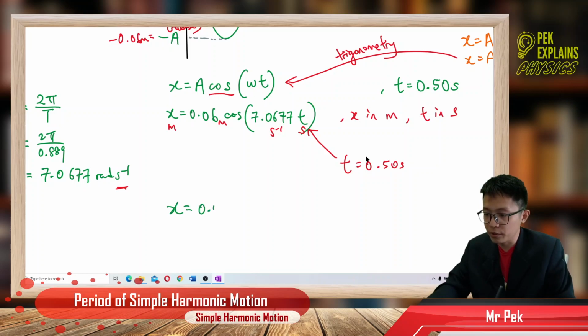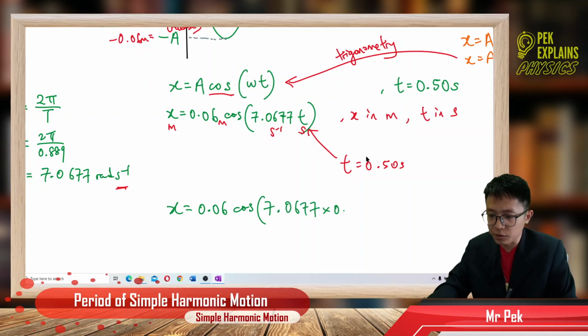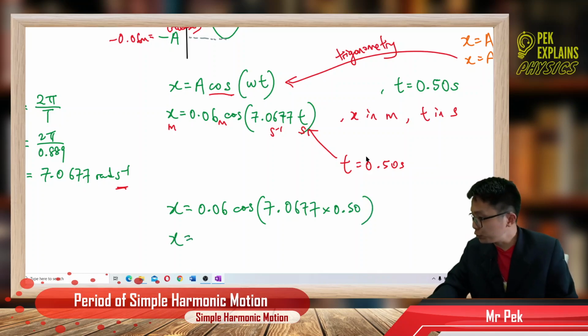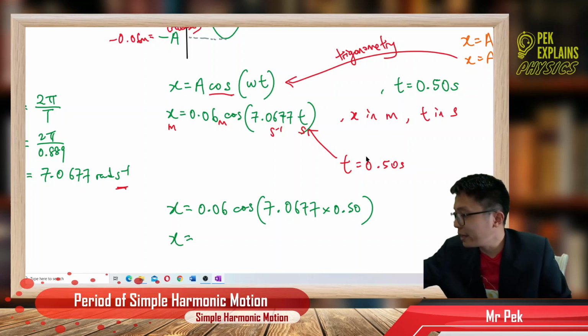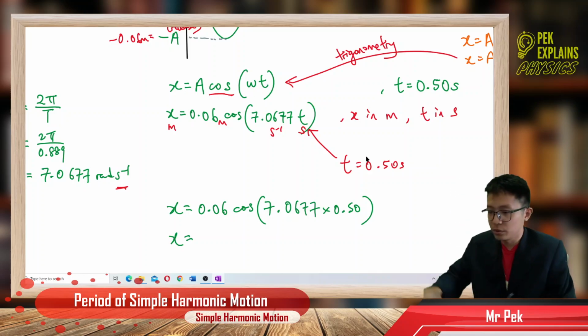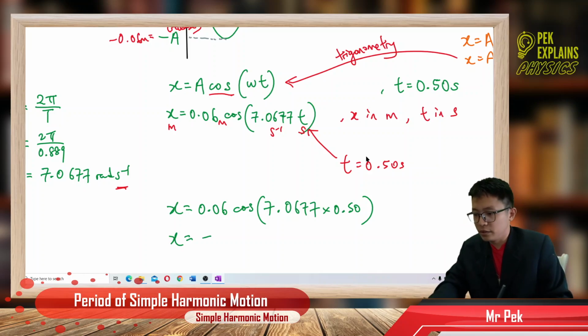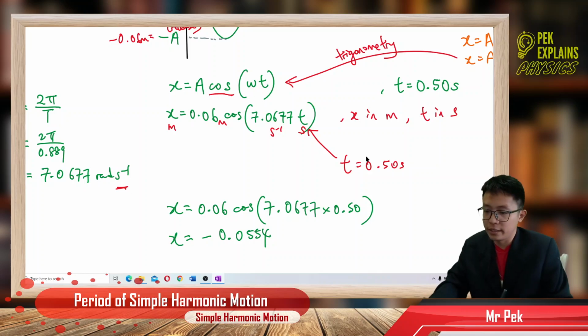Okay, and then we can get the position, the x. X is equal to 0.06 cosine 7.0677 times 0.50 second. So our x is equal to, what is our x? Our x is equal to negative 0.0554 meter.